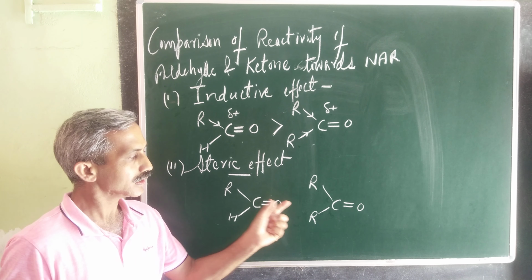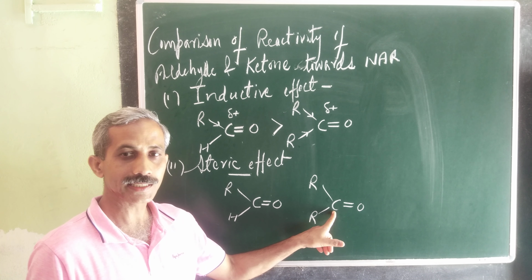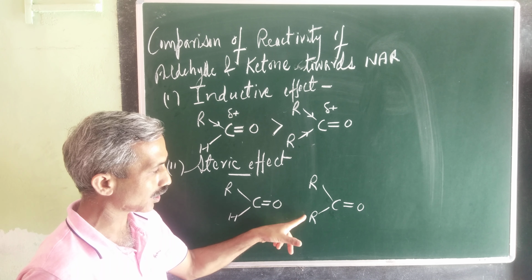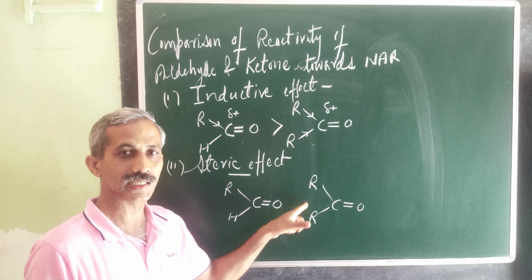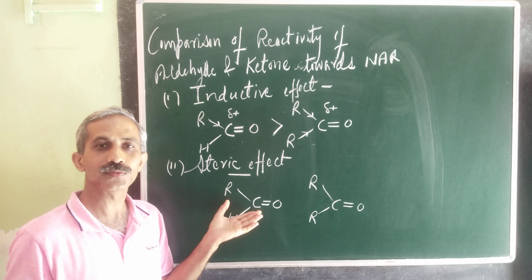you can see there is greater crowding on carbonyl carbon in ketone due to the presence of two bulky alkyl groups, whereas in case of aldehyde there is only one bulky alkyl group.